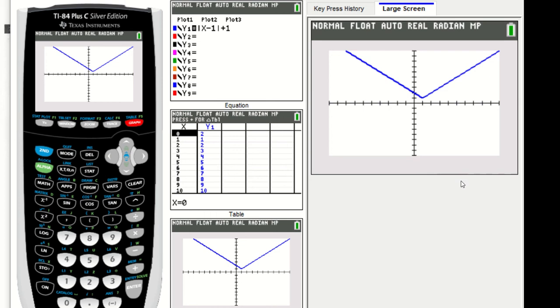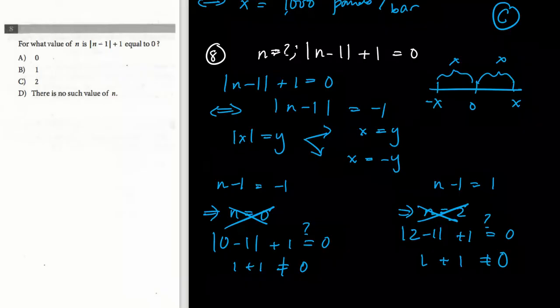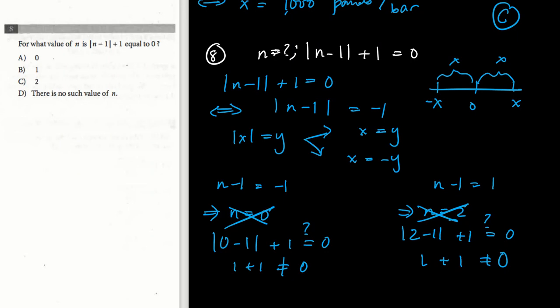So this is a graphical way to think about what we're asked to find here. We'll revisit using our graphing calculators to solve equations very shortly, but I just wanted to prime you to that right here. Okay, so good. Let's move on now to problem number 9.